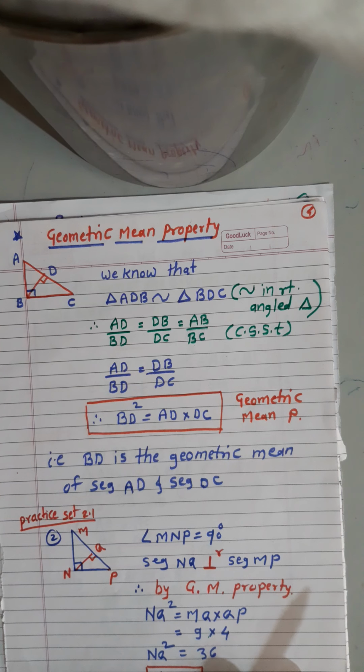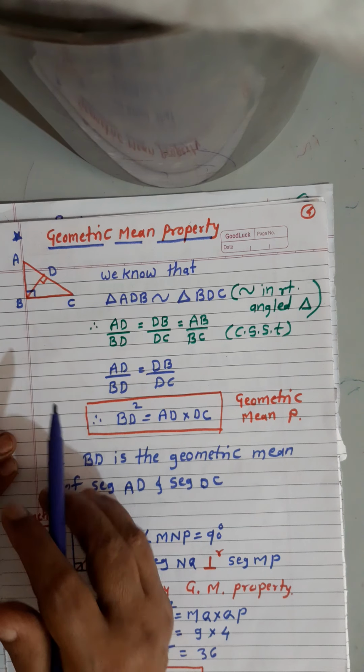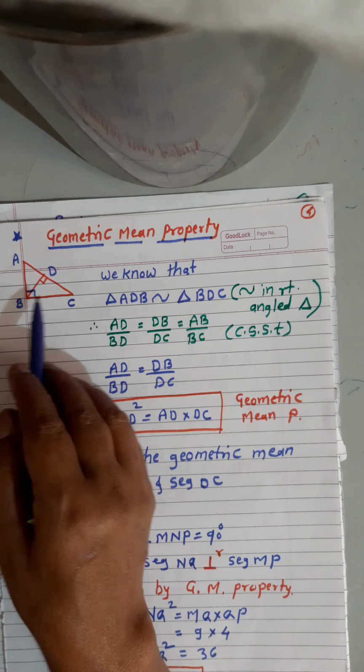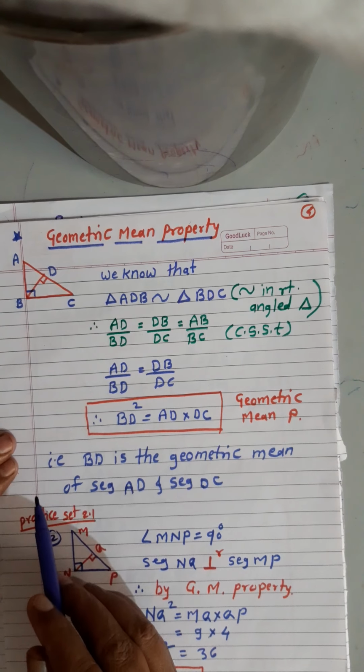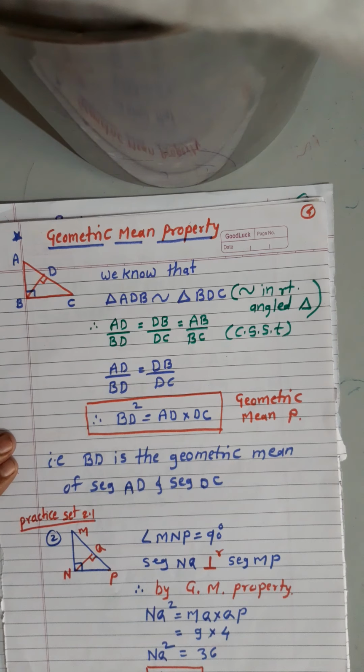Now, it is a very important property, the geometric mean property, also called the geometric mean theorem. What is that? Now we have seen similarity in right angle triangle. Here triangle ABC is a right angle triangle and BD is perpendicular to AC.